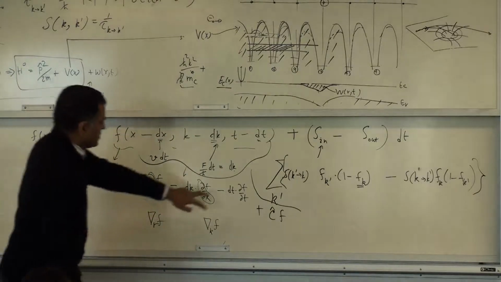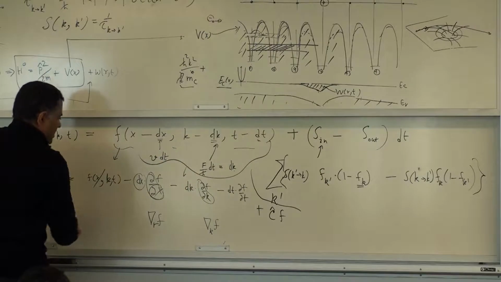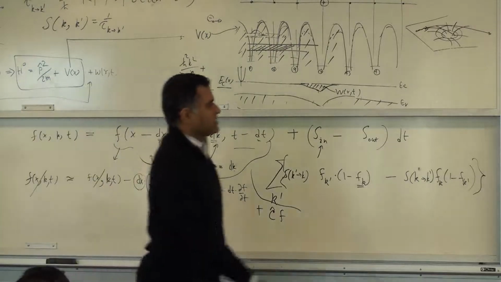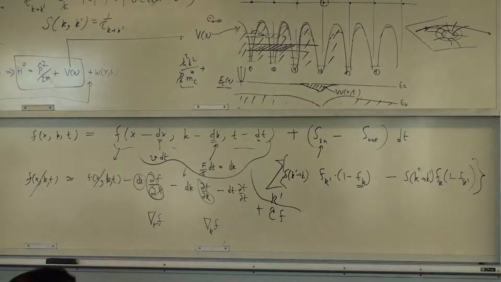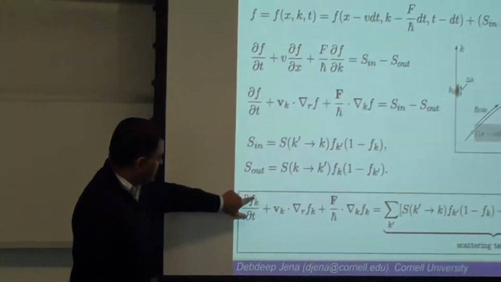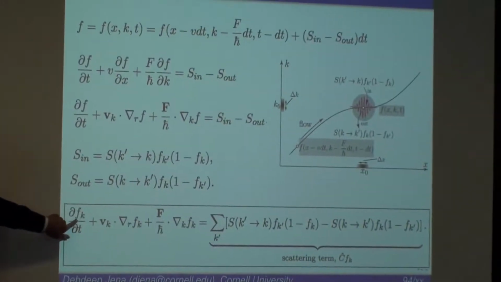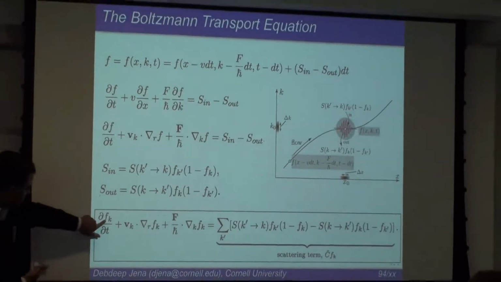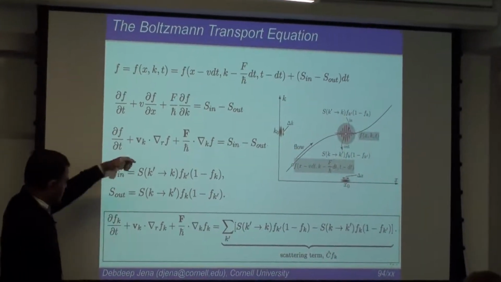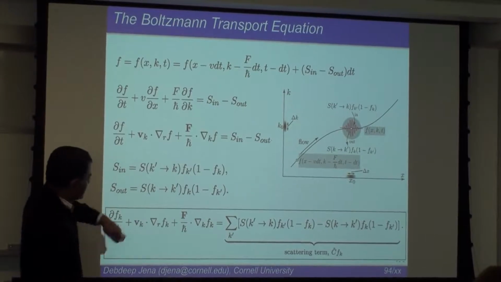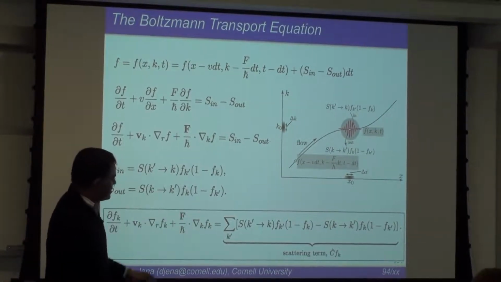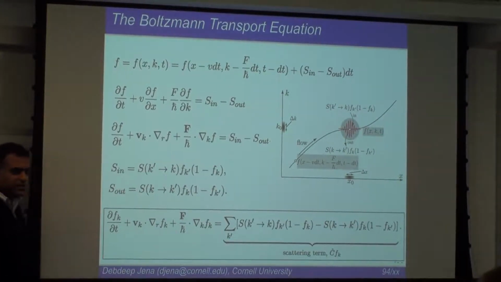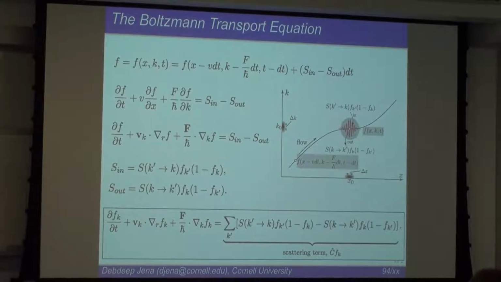And the time derivative will stay. By just doing this little manipulation, you can write the equation in this form now: the rate of change with time of the occupation function f plus a spatial gradient term plus a k gradient term is equal to the collision integral. This is a full-blown equation now.